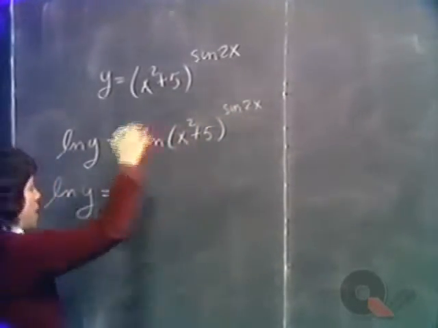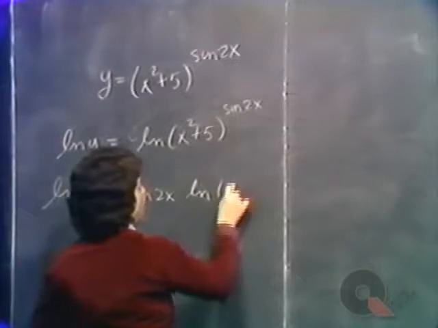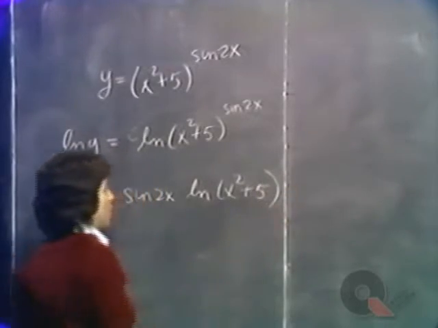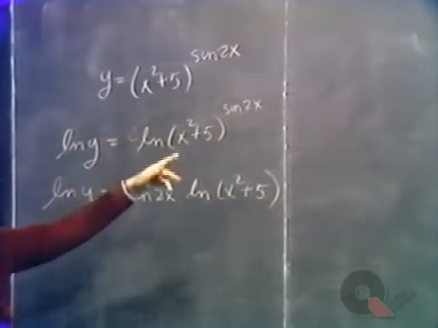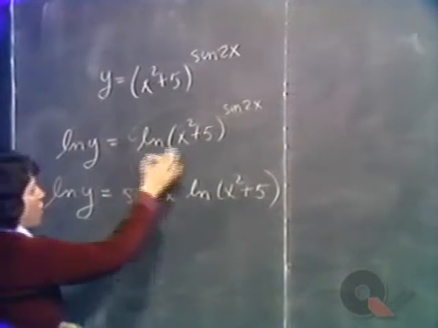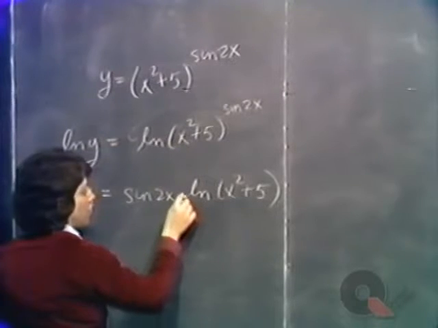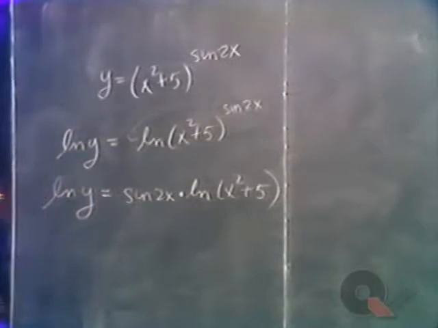We can bring the power down in front, so we can make it sine of 2x times the log of x squared plus 5. So what was a function to a power is now a product.